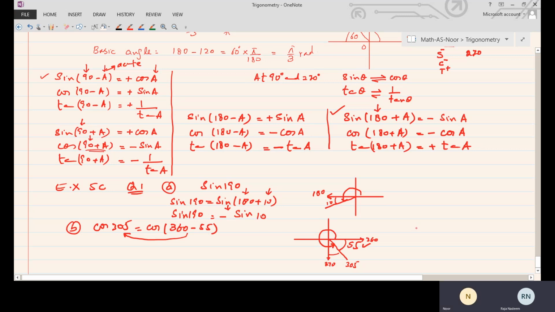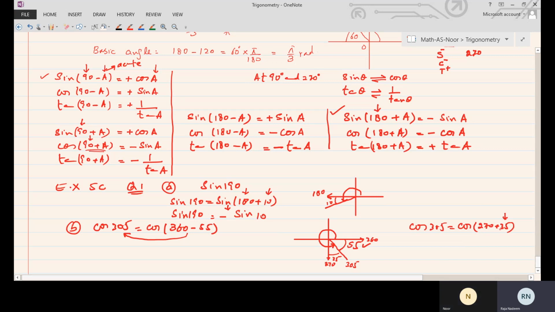Maybe you write 305 in the form of cos of 270 plus 35. So this angle is equal to 35, but the problem is, we need to find the basic angle. 35 is an acute angle but it is not the basic angle.